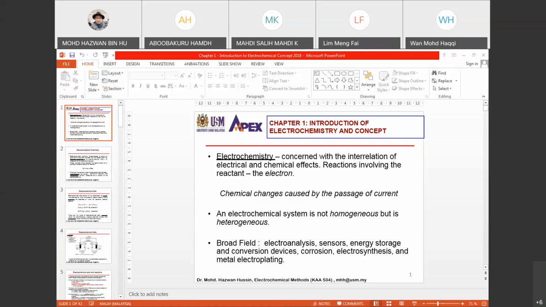And how about Mahdi? Yes, doctor. We can see it in corrosion. Okay. Well, corrosion is not really daily life, but it's okay. I can still accept that. Mariam, do you have any idea? What are the examples of electrochemistry that you can see around you, or what is the definition of electrochemistry that you know? I think in electrolytic, where we coat the spoon or the ring with gold or whatsoever.